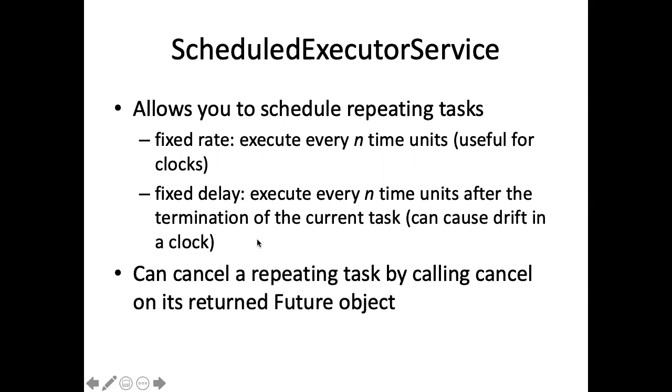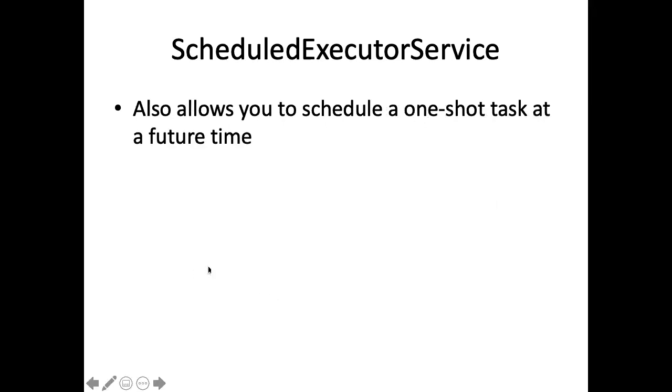For example, if you're running an animation and you want to kill it in an hour, you can schedule a task an hour from now that's going to kill it. You can schedule a one-shot task at a future time. So if you want to kill a repeated animation after 1 hour, you could schedule something in 1 hour to do it.